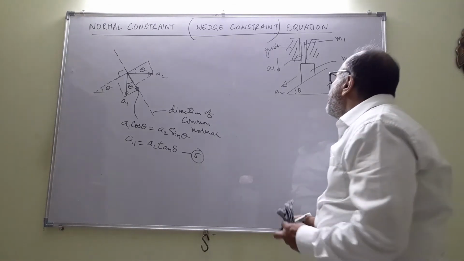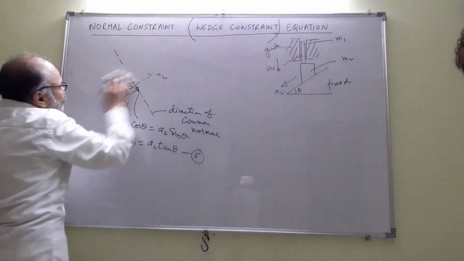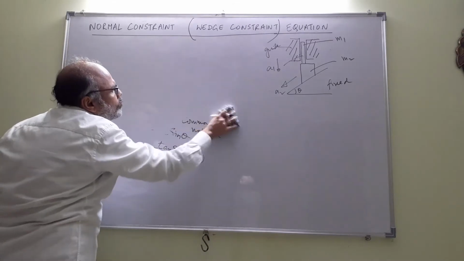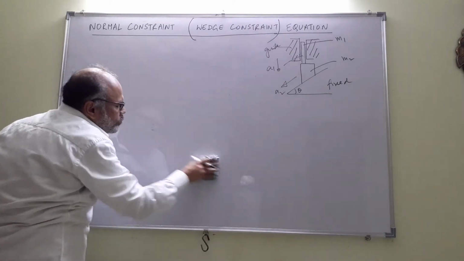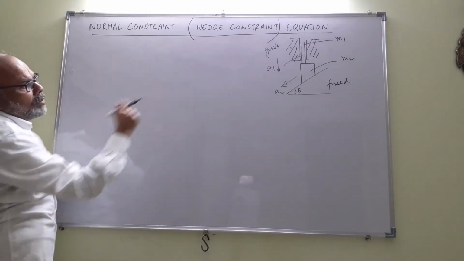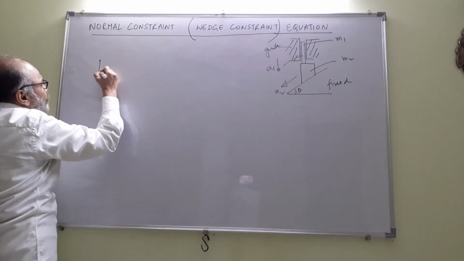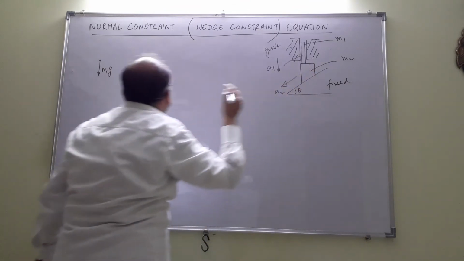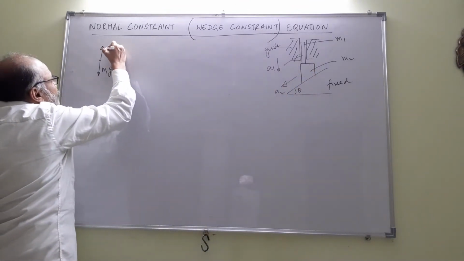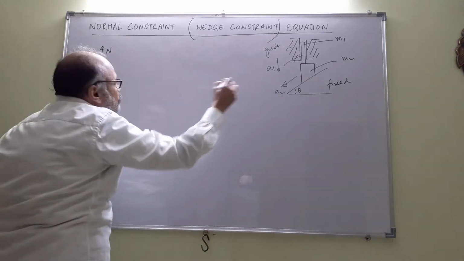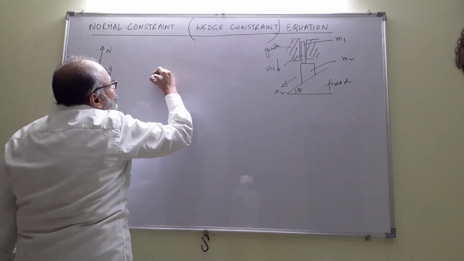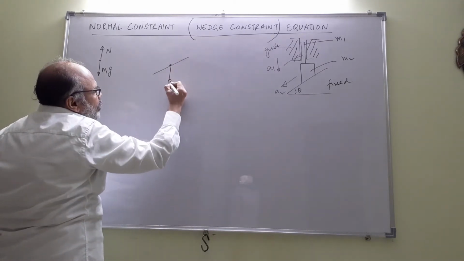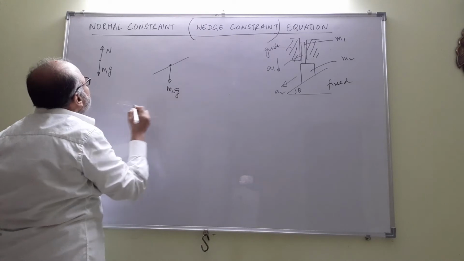So let us draw the free body diagram. For M1, it will be M1G, and there will be a vertical normal force. For the block on the incline, we will show the incline like that, and the block as a particle, M2G.